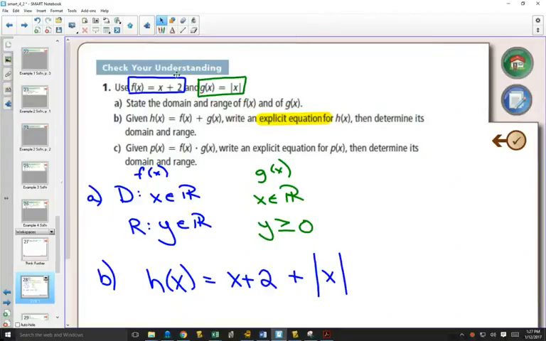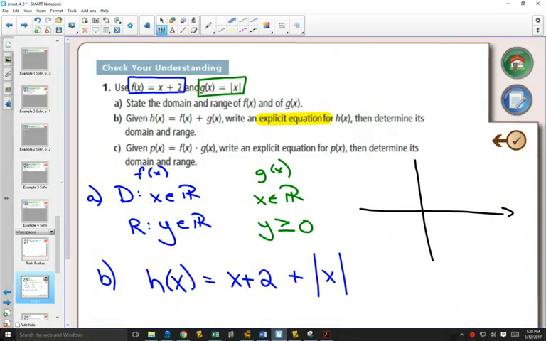Now, if we had a line and we added an absolute value, what's going to happen? Well, let's just look at this. And since these are easy graphs to actually draw, we'll draw the blue one.